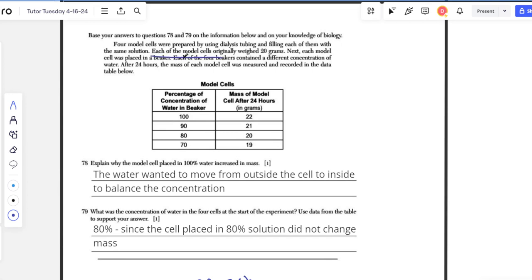Each of the model cells originally weighed 20 grams. So if the percent concentration of water was 80% water and the mass of the model cell did not change, then that's probably the same solution that was placed in the cell. So nothing moved across the cell wall.